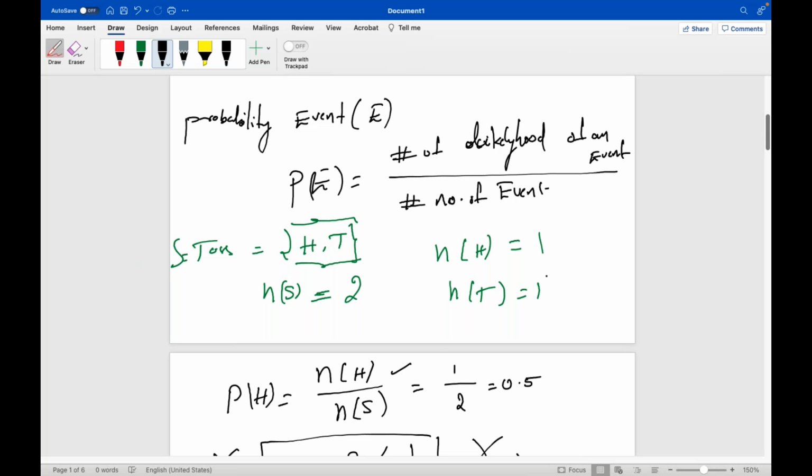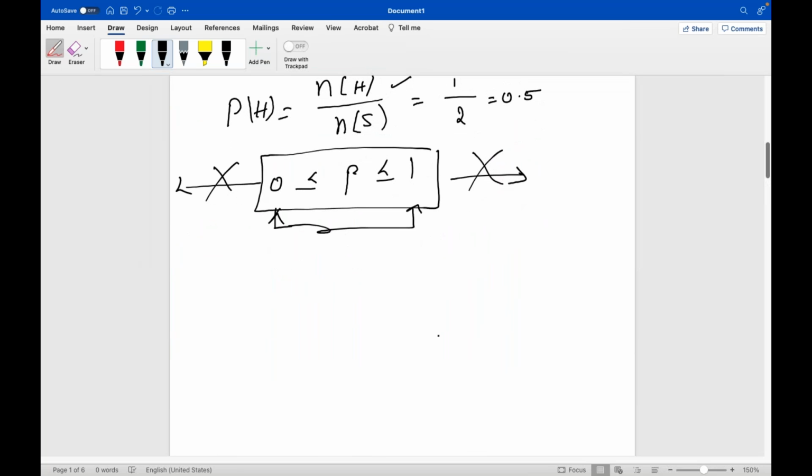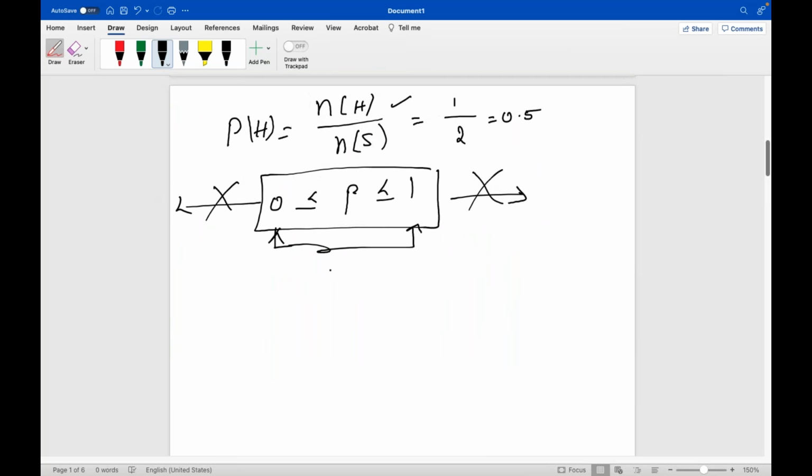Done, right? You just note this particular value: the probability of any event can be between 0 and 1.